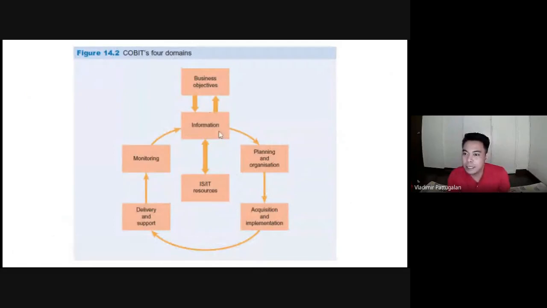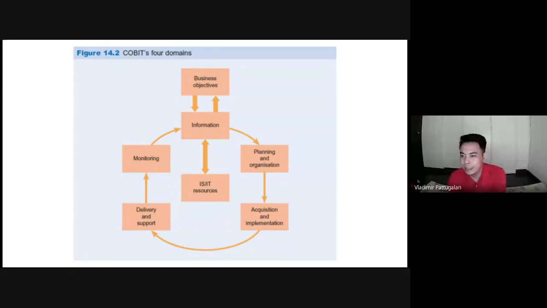So once the business objectives are identified here at the top, it provides information. So once we get the information, we should plan and organize how to use this. And then the next step would be to acquire what we need to meet the organizational goals. And the next is delivery and support.